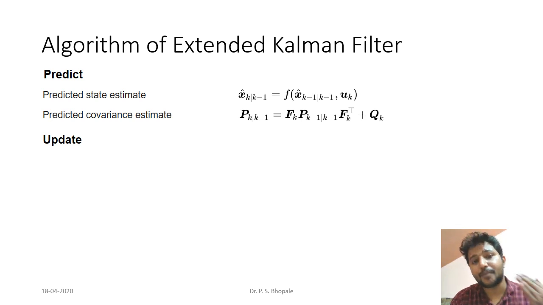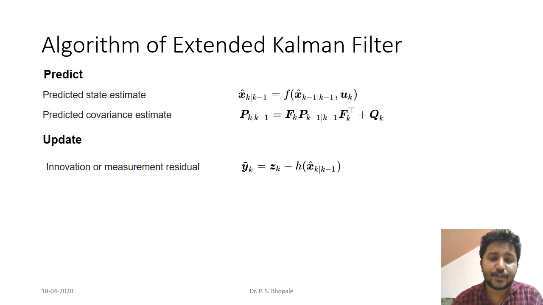The previous state is transferred through function f and control input u, and the next state is predicted. The covariance matrix is also predicted by using F, P k, F transpose and Q. So what is F? F is the Jacobian matrix. We'll see that later in this slide also.